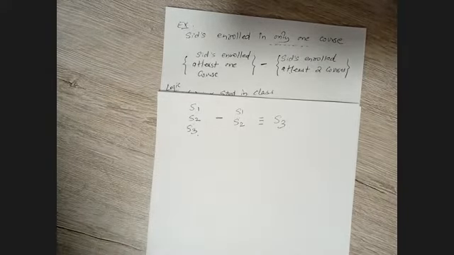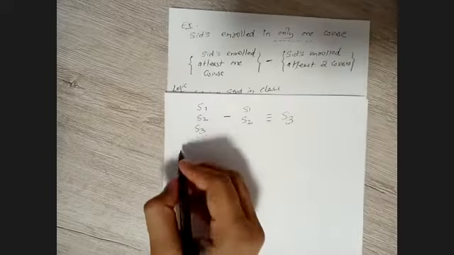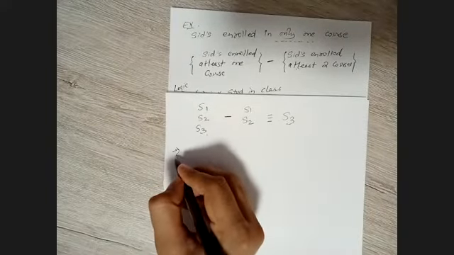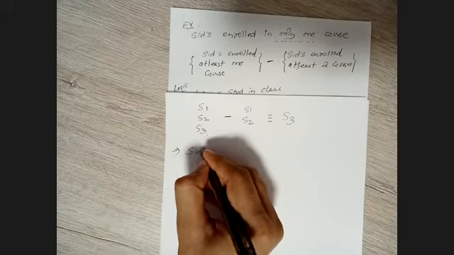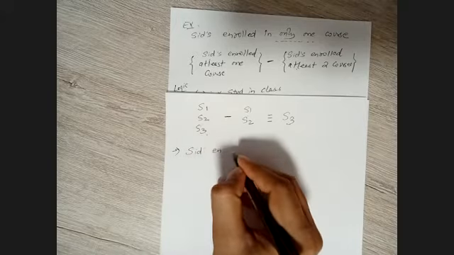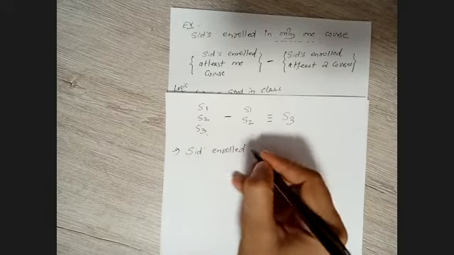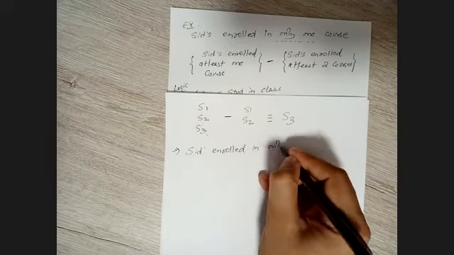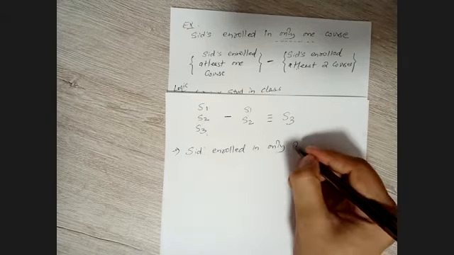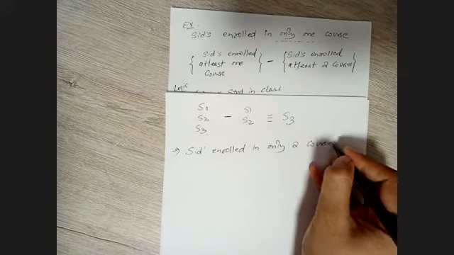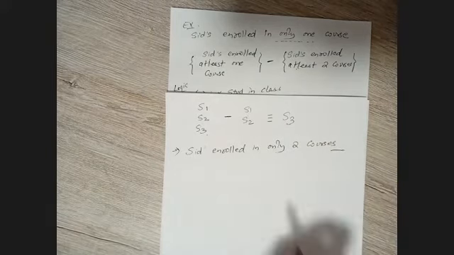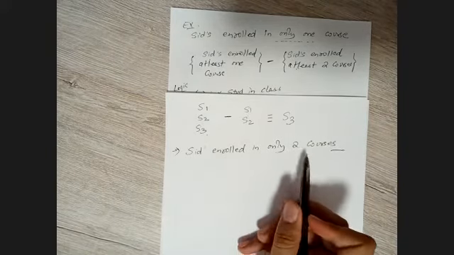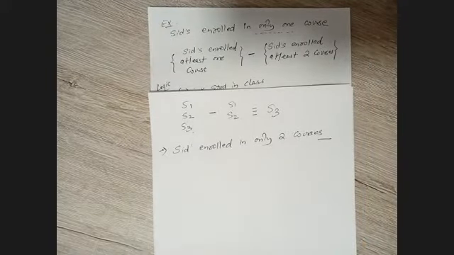But now let's say, further, if I extend this same example and ask you to find the SIDs enrolled in only, instead of one, let's say only two courses. SIDs enrolled in only two courses. I hope you should be able to have an idea in your mind at this point.